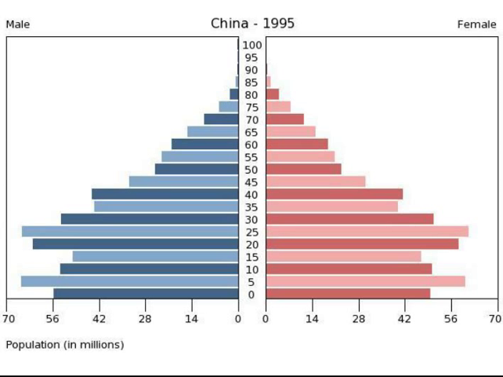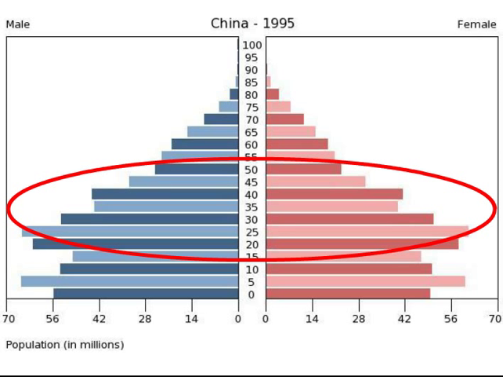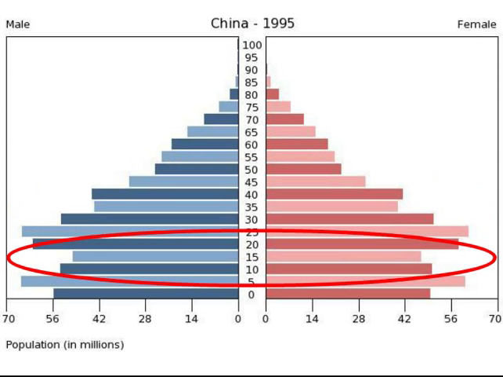Population pyramid, China 1995. Let's look at some obvious characteristics of this population pyramid. You can see that there was a period of large population growth, which becomes exaggerated in the 45 to 25 age categories.